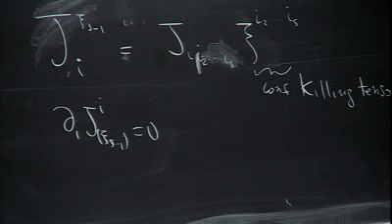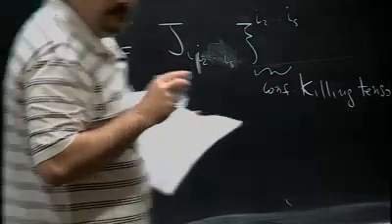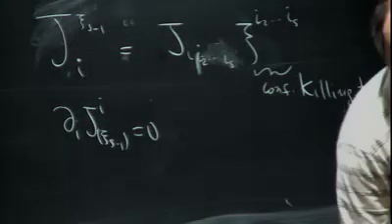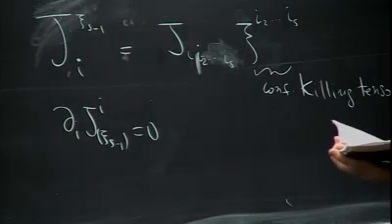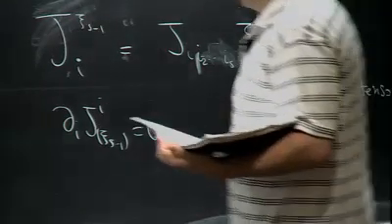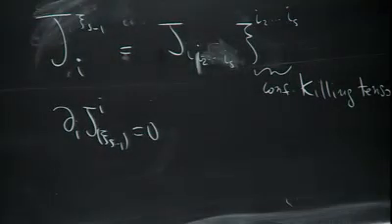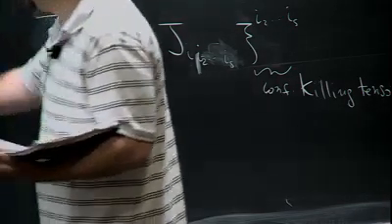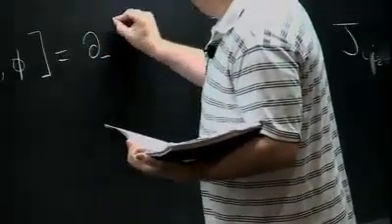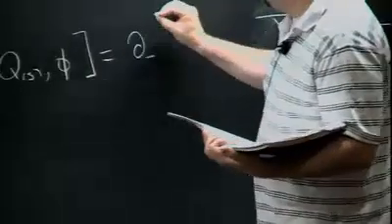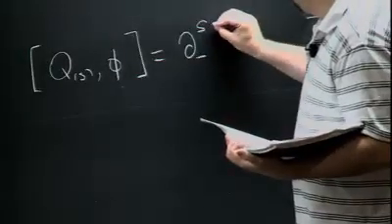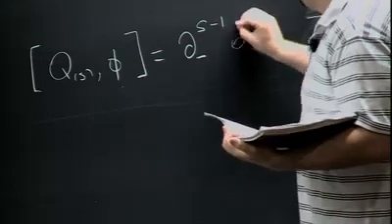Questions? Yeah. These higher spin symmetries are symmetries which have S derivatives. The simplest one would act on this field as a derivative along some time-like direction, S minus 1 times.